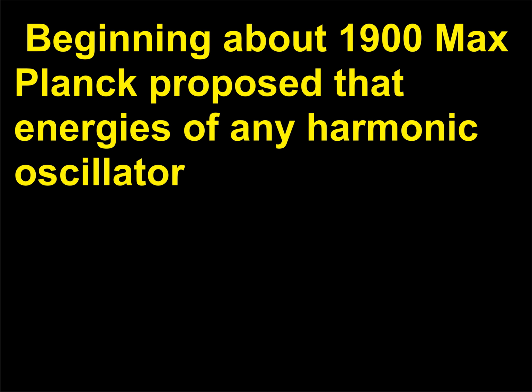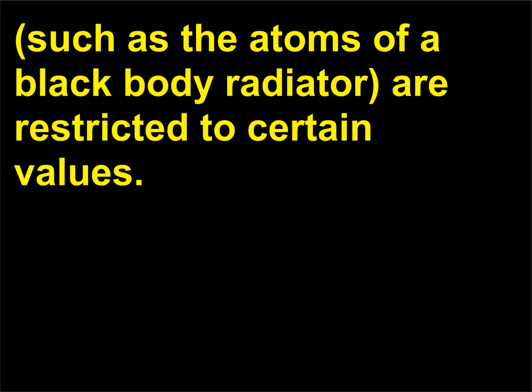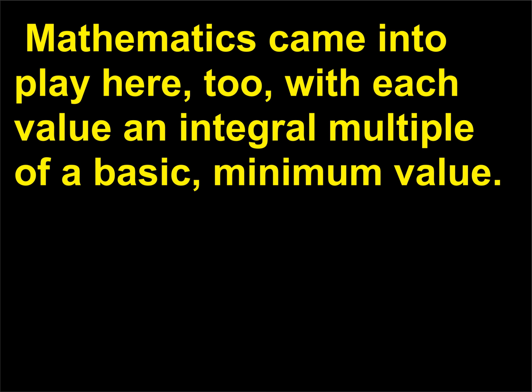Beginning about 1900, Max Planck proposed that energies of any harmonic oscillator, such as the atoms of a black-body radiator, are restricted to certain values. Mathematics came into play here, too, with each value an integral multiple of a basic, minimum value.